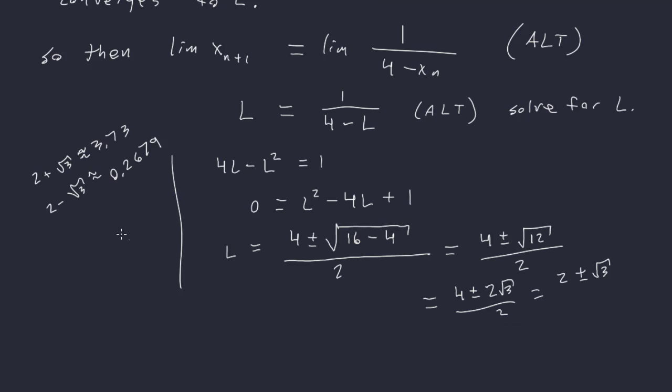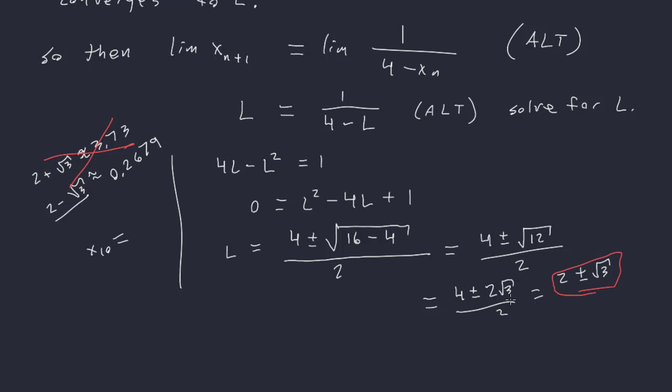Okay, and now if you were to check this recursive relationship and go out maybe 10, like if you take x out to 10 and figure out what that is, and then check it against 2 minus root 3, you'll get what looks almost the same thing. We know it can't be this one because every term in our sequence is less than 3. So it can't be this one, so it's got to be this one.